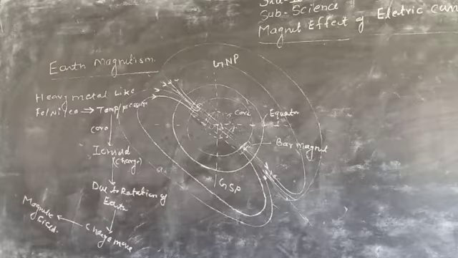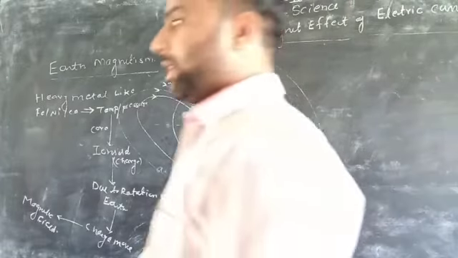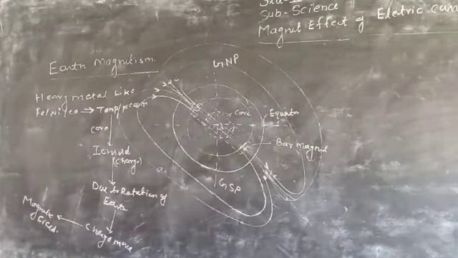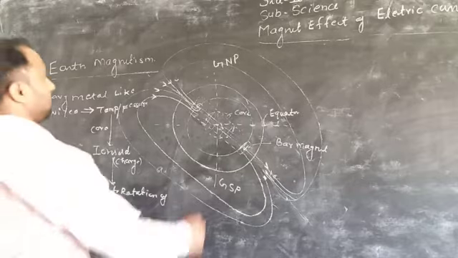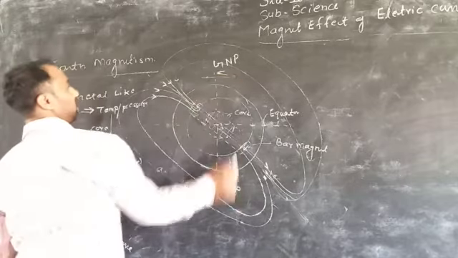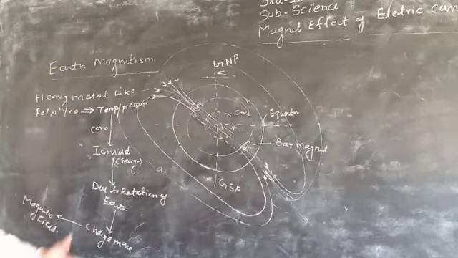Heavy metal goes inside the core, and the temperature of the core is very high and the pressure is also high. Then the heavy metals get completely ionized, which means the particles get highly charged. Due to the rotation of the earth, because the earth is rotating continuously about the geographical axis, the charge is also rotating.